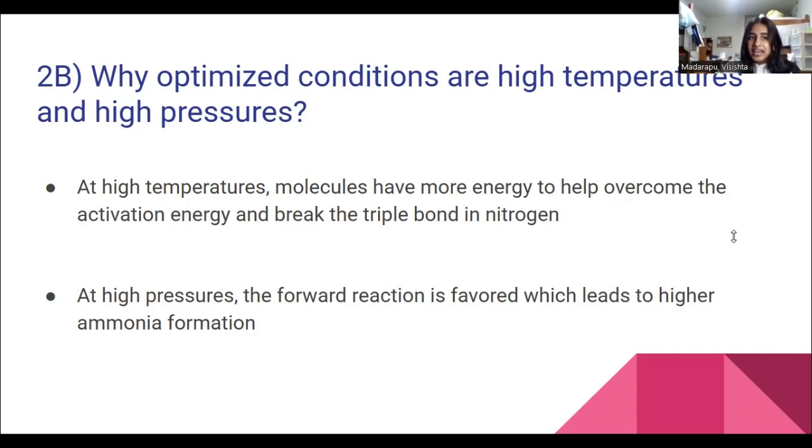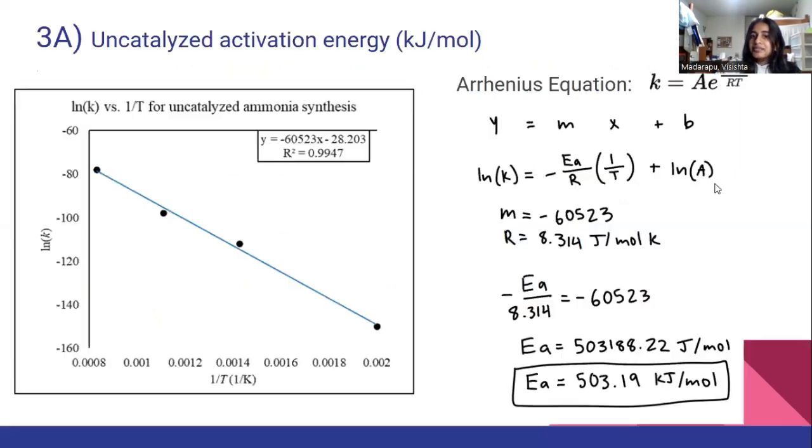So the uncatalyzed activation energy, here we have the Arrhenius equation. And when you rearrange that into y equals mx plus b format by taking the natural log of both sides, you can relate it to the given equation.